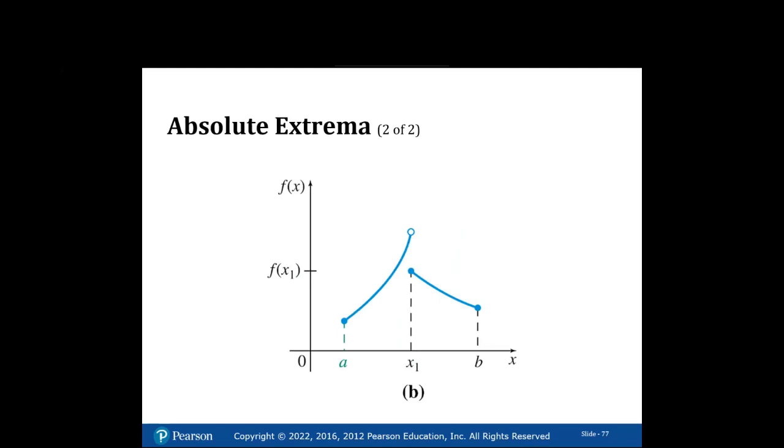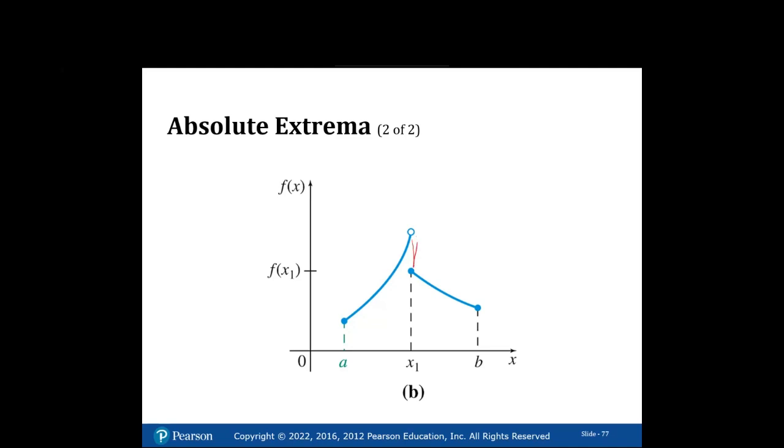Now here we're looking at this interval, a to b, and here you can see that we have an absolute min, which is our a, but we don't really have an absolute max. It's a little weird. And this is because this function is not continuous, right? I have a jump. That's not allowed.